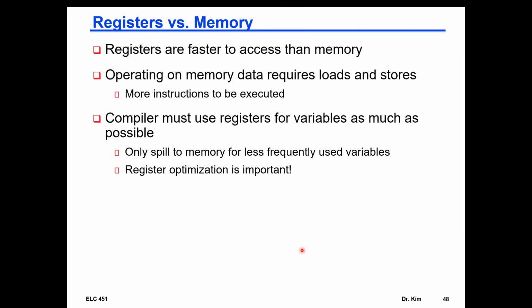So why do we want an architecture that relies for most operations on register accesses? As I mentioned in the previous presentation, that's because registers are much faster than memory.